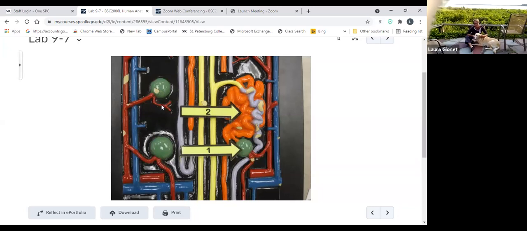And the vessel that leaves doesn't need to be nearly as large a diameter as what entered, because we've lost a lot of that volume. And that is the fluid and the filtrate that's passing through the nephron.